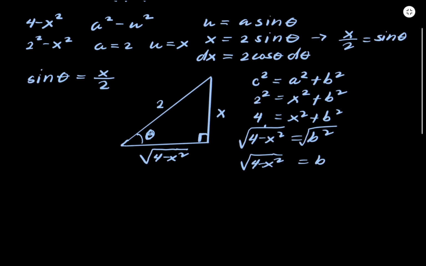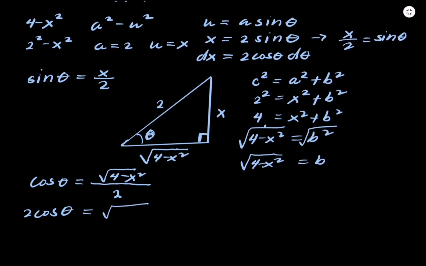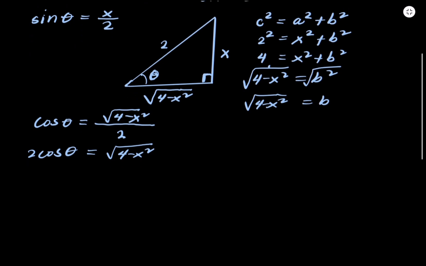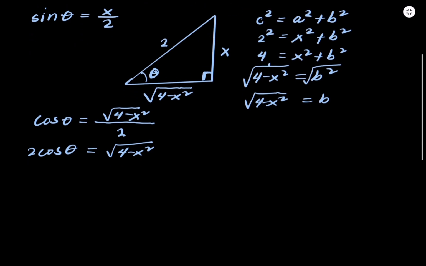So from this, cosine theta is what? Cosine is adjacent over the hypotenuse. So adjacent is the root of 4 minus x squared over the hypotenuse 2. So by cross multiplication, we can see that 2 cosine theta equals the root of 4 minus x squared.